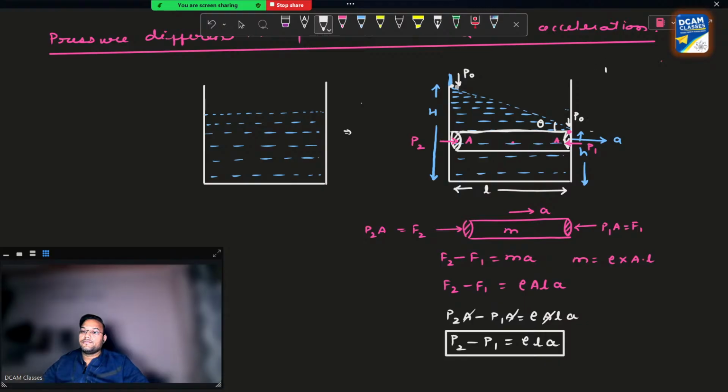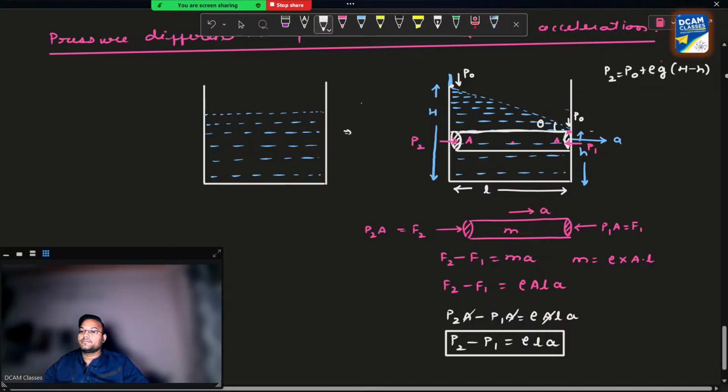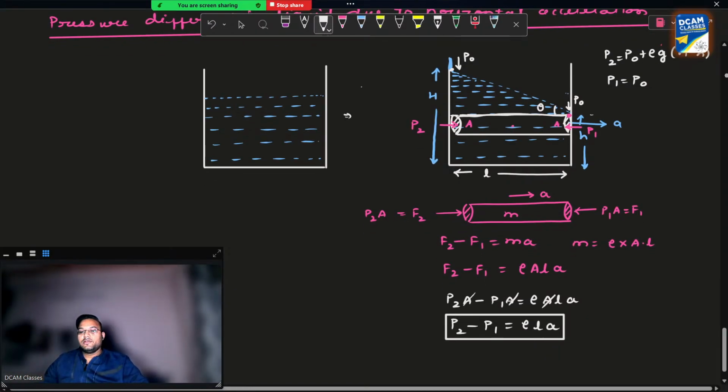So here P2 is equal to P naught plus rho g into (capital H minus small h). P1 is equal to P naught. Can I write like this? Yes. So P2 minus P1 will become rho g into (capital H minus small h), which equals rho L a.